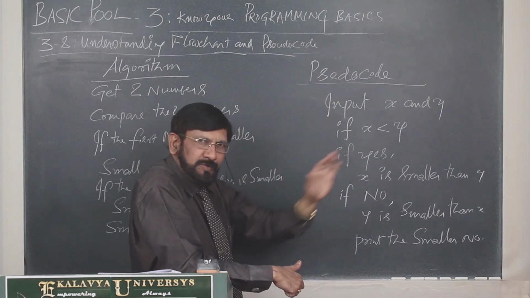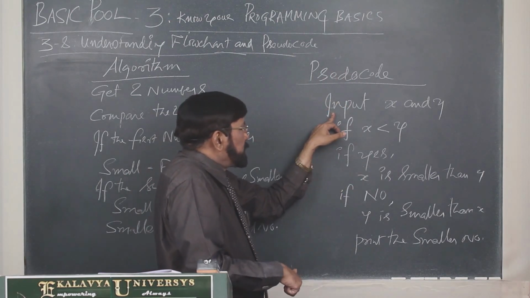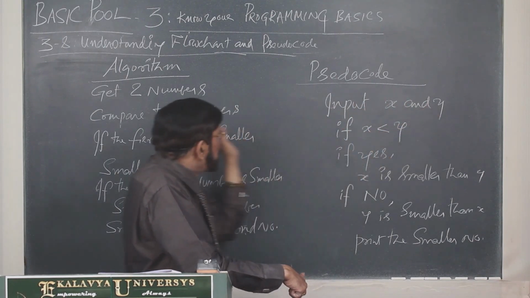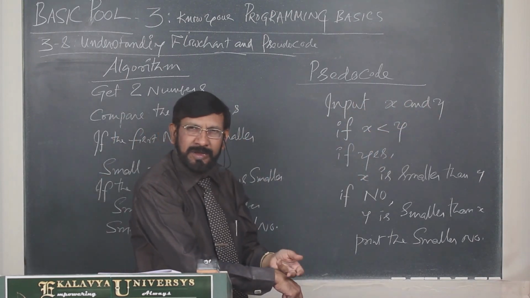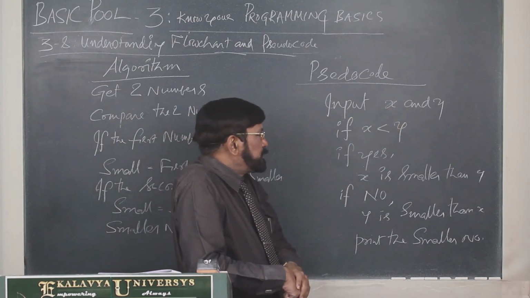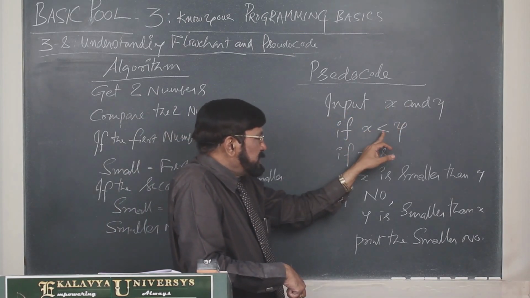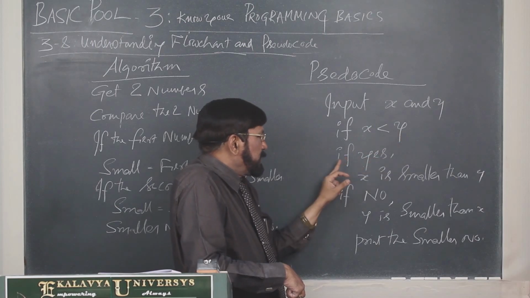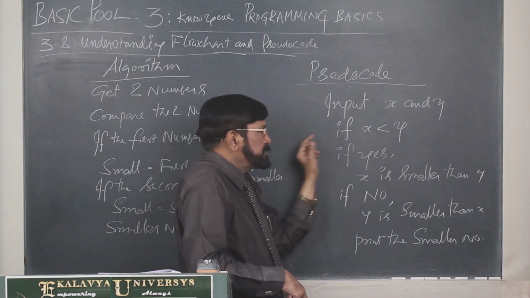It is much closer to the program, and now you see, input x and y. Here we are generally talking about taking two numbers. This is an approach. Here, input x and y. If x is less than y, this we are testing.